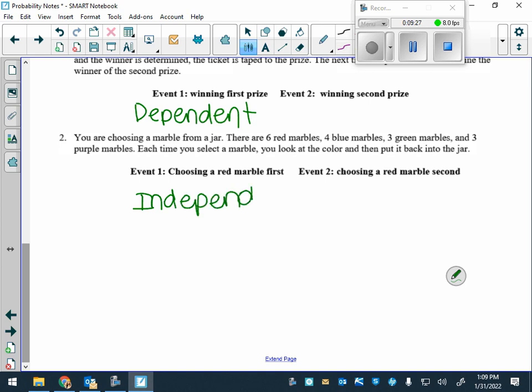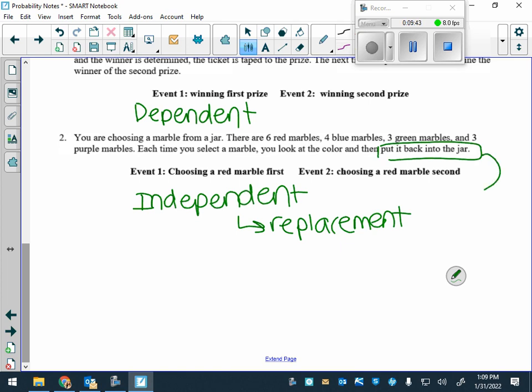Perfect. It is independent. The keyword is, or words, replacing it, meaning you're putting it back in. Replacement, put back into the jar, makes it independent. Try the next two, 3 and 4.